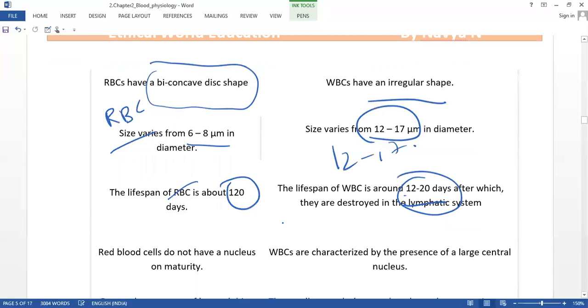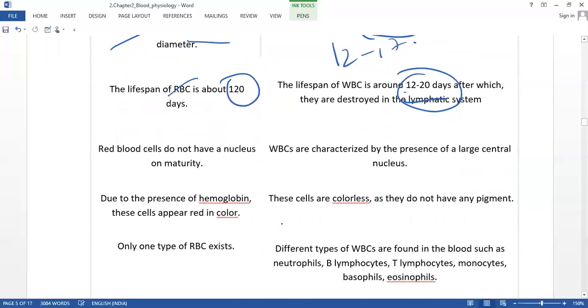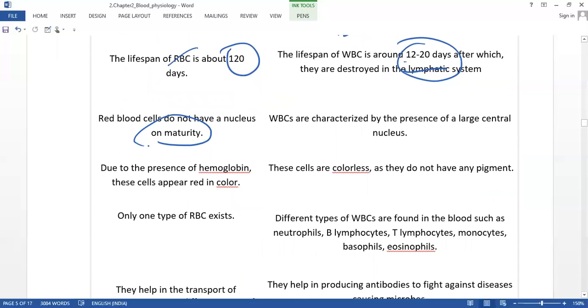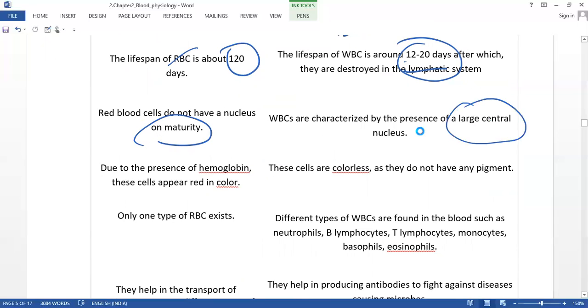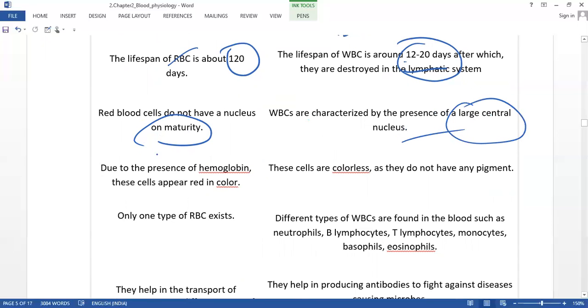RBC do not have a nucleus on maturity, but WBC are categorized by the presence of a large central nucleus. Due to the presence of hemoglobin, the color of RBC is red, whereas WBC are colorless and do not have any pigment.